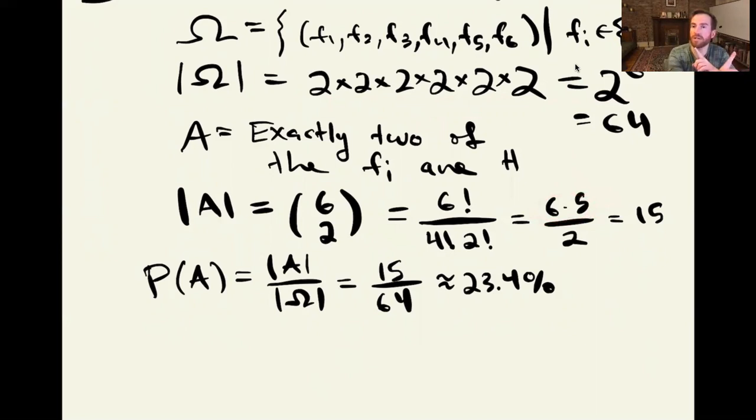But there, what you're doing is you're keeping track of what was my first heads and what was my second heads. We don't care. All we care about is that there were 2 heads somewhere in our sequence of 6 flips. So we have to make sure we instead use this choose notation, especially when we're only concerned with an unordered sample of 2 heads out of 6 flips.